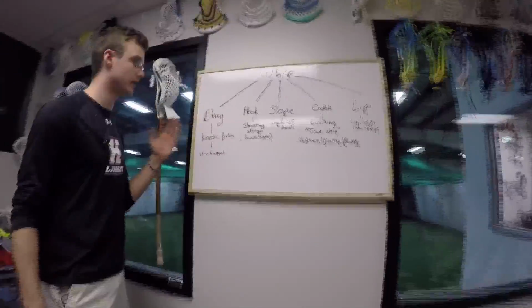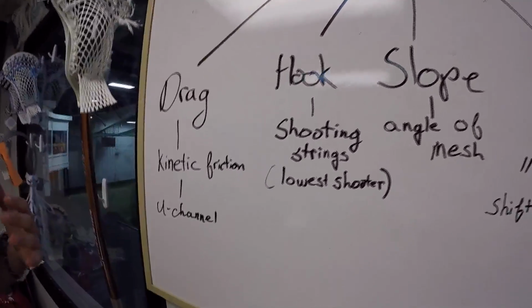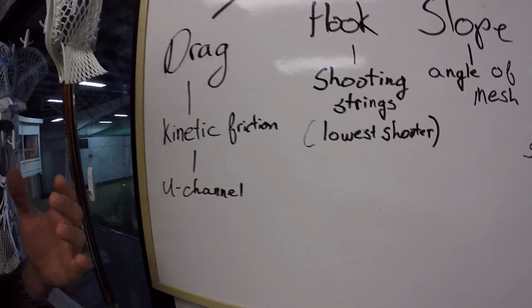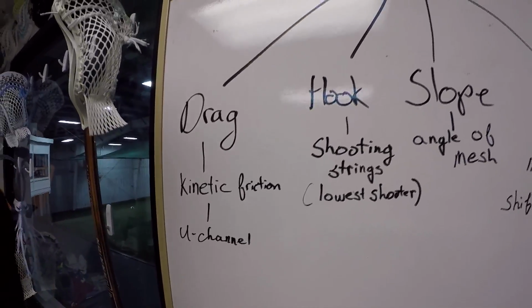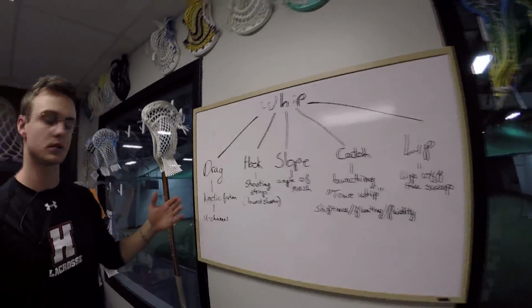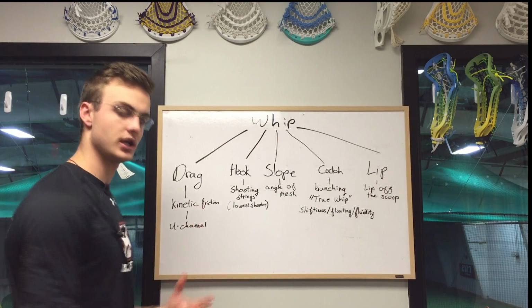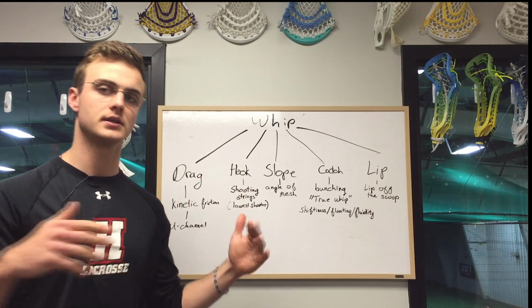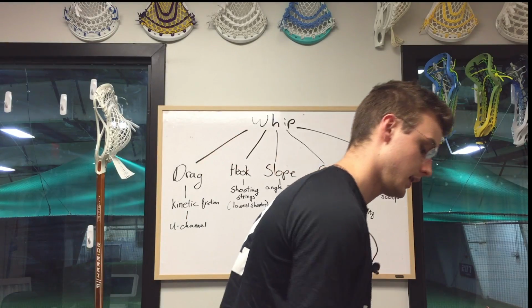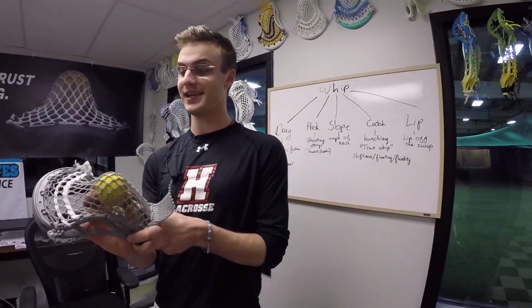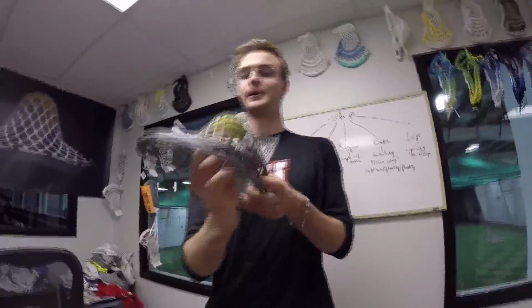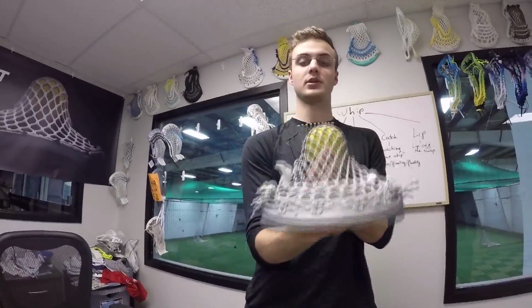The first we're going to talk about is drag. Now, drag was something we explained a lot in our physics of hold video from almost a year and a half ago, and we talked a lot about kinetic friction and static friction and the idea of a channel that hugs the sides of the ball and doesn't necessarily make it catch. And we brought up this, I believe it was the same silver NOS, or it might have been the black one with otter mesh.